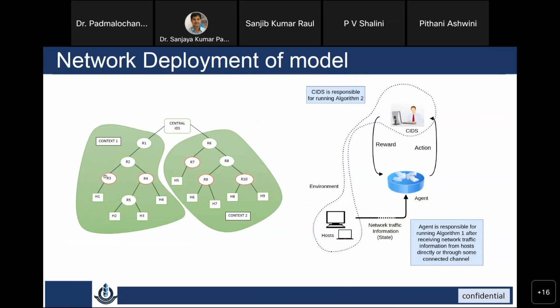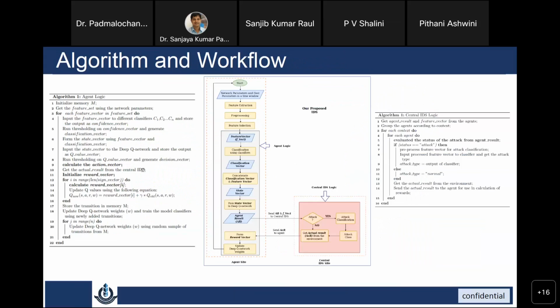It takes all the incoming packets within this period, the network parameters and host parameters. The features which are relevant for intrusion detection are extracted, the data is cleaned and pre-processed, and then we do feature selection, and then classification of this feature vector.